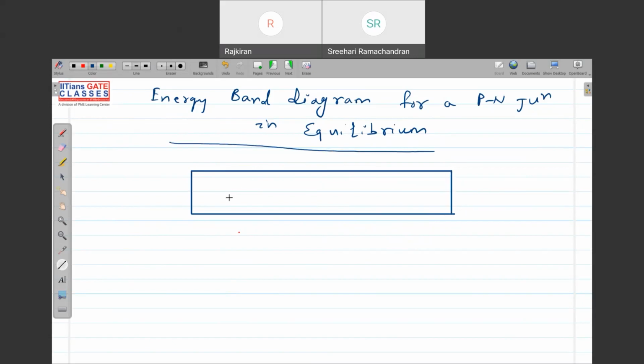This is my PN junction. This is my junction, and this is my depletion width in equilibrium.